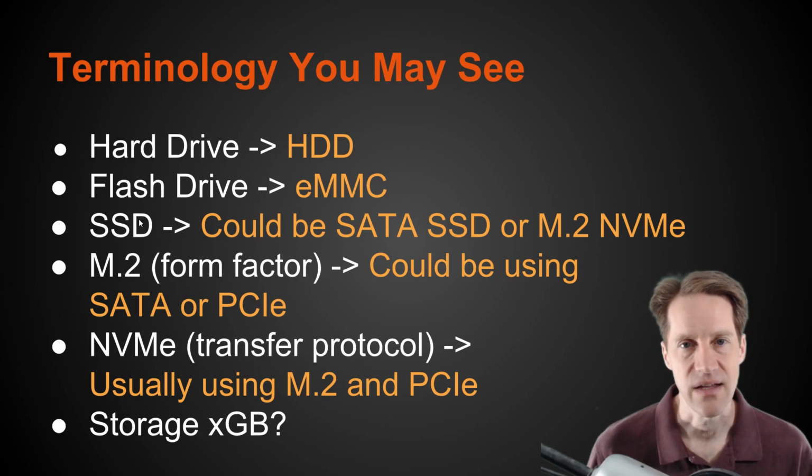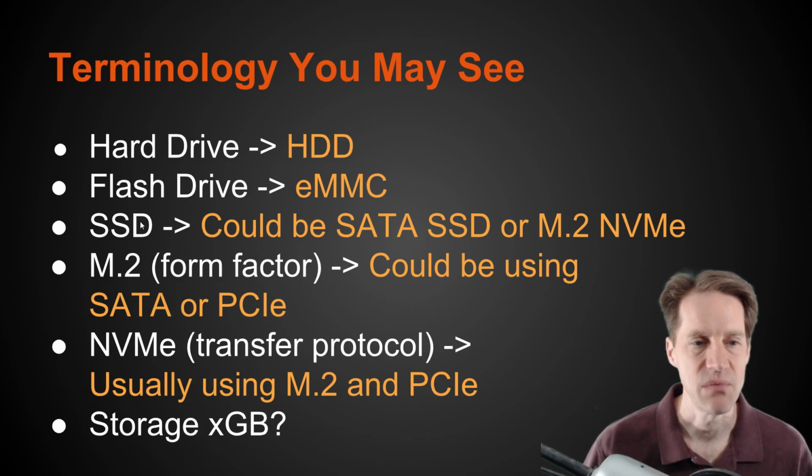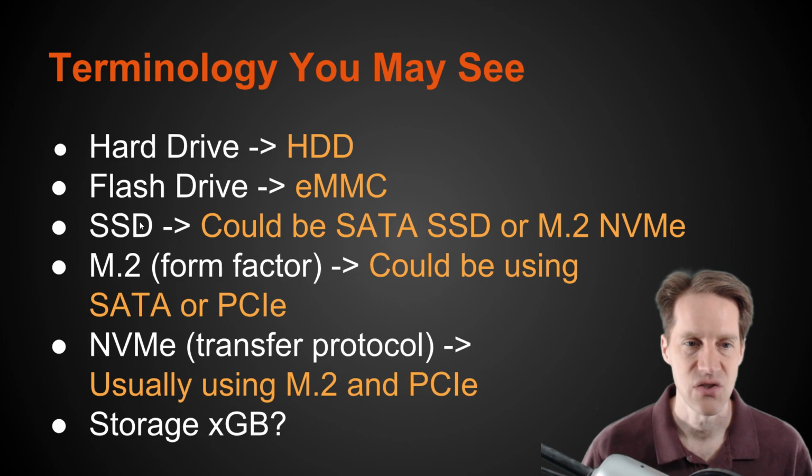Something above that, like a terabyte, is generally probably a hard disk drive, although it depends on the price. A lot of times you can get a terabyte SSD without spending too much more. So as the size increases, be sure to check whether it's using a hard disk drive or an SSD.